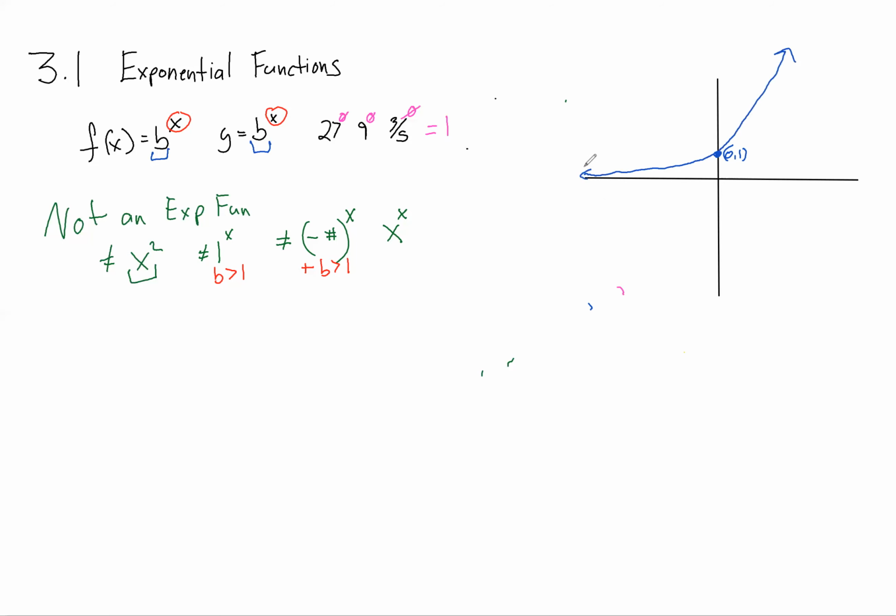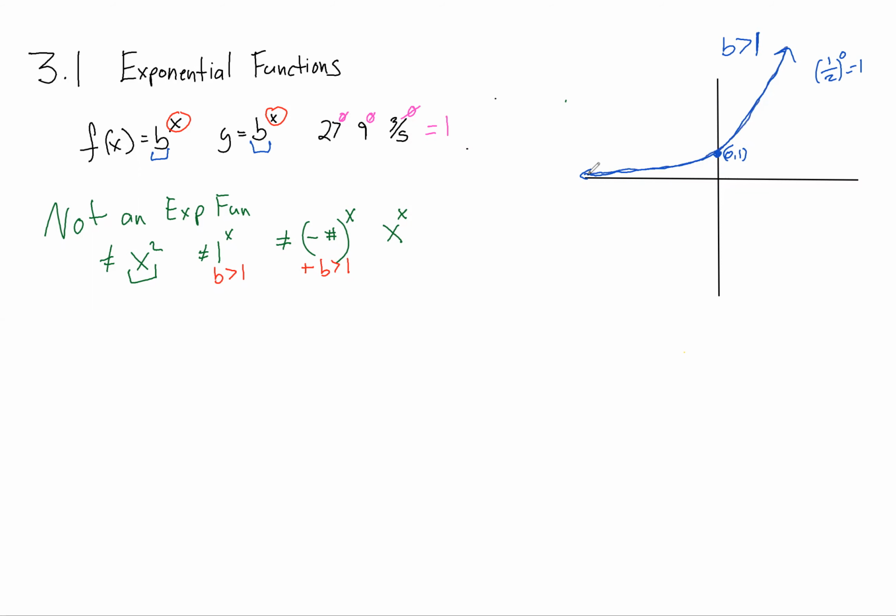How steep it is depends on the base. The higher the number for the base, the steeper the change is going to be. Now, why 0, 1? That's important to know, because any base, if we put it to the 0 power, let's say this is 1/2 to the 0, anything to that 0 power is 1. So if your base number is greater than 1, this is what your graph is going to look like.